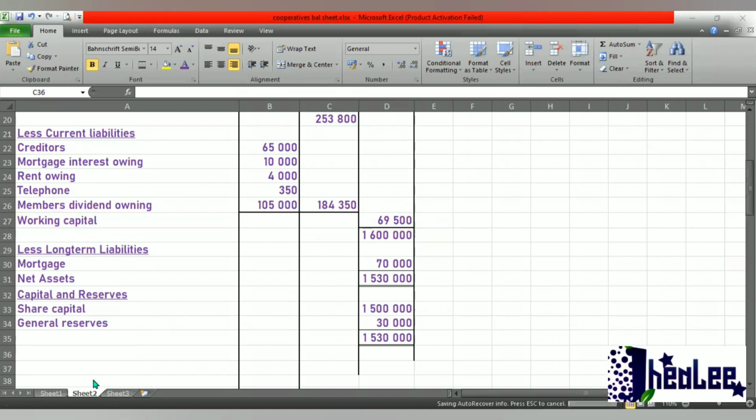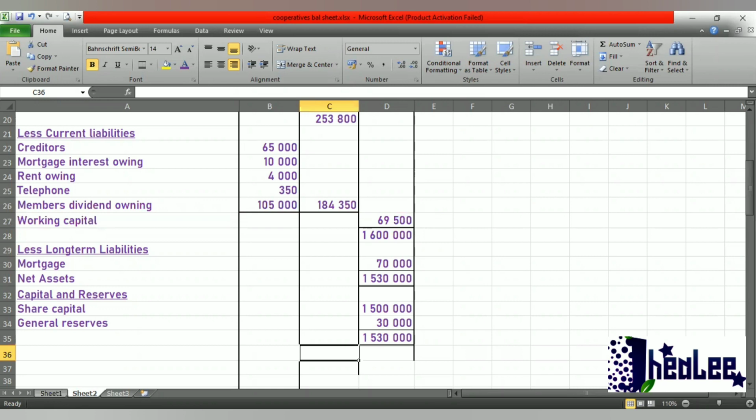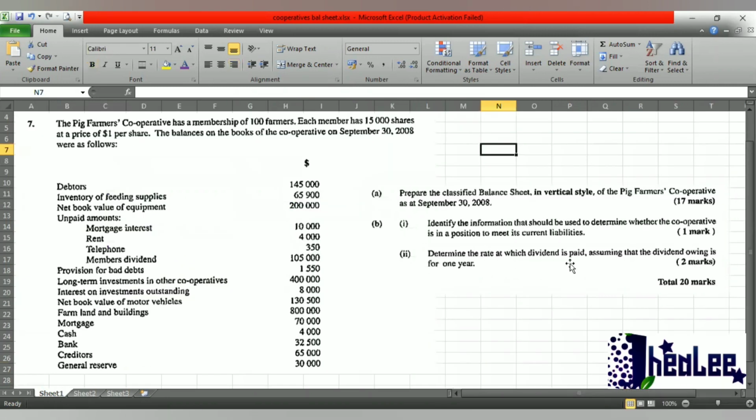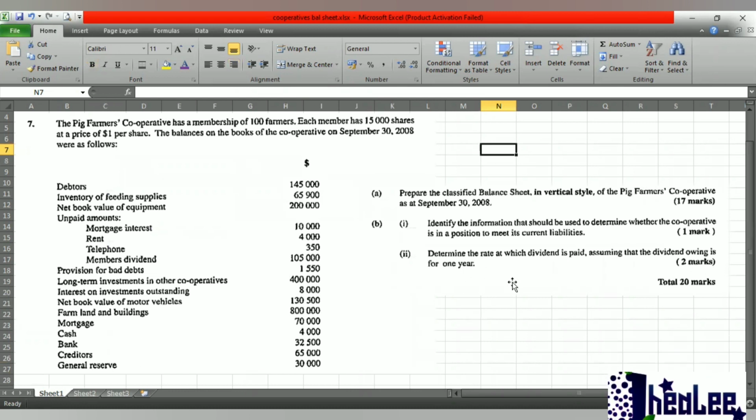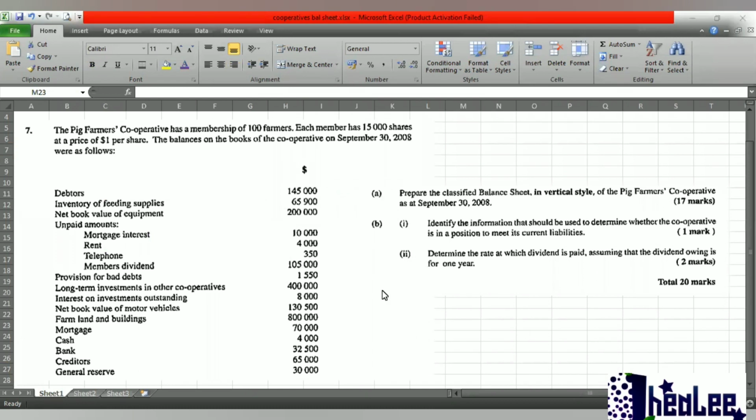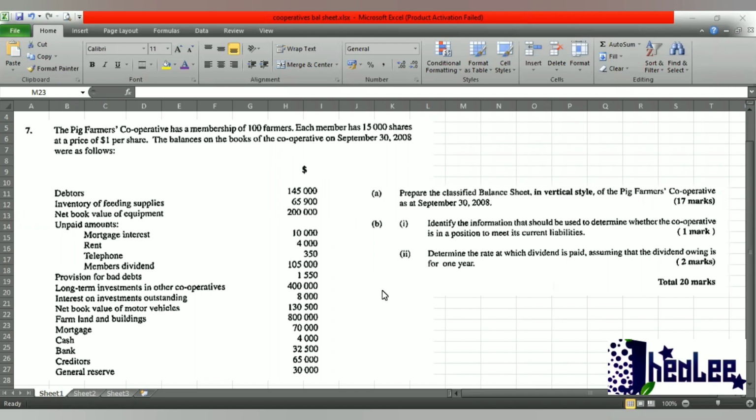We're now going to look at the other part of the question, which is determine the rate at which dividend is paid, assuming that the dividend owing is for 1 year. And basically, what we have in terms of information is the value of the share capital and the value of the dividend to be paid out to the members.